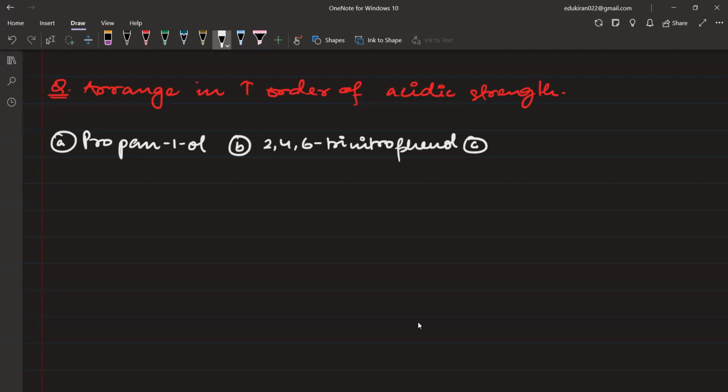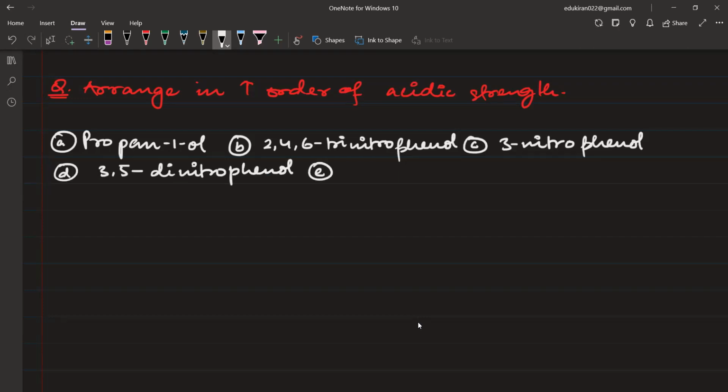C part, 3-nitrophenol. D part, 3,5-dinitrophenol. E part, phenol. F part is 4-methyl phenol. Okay, so we have all of these things.